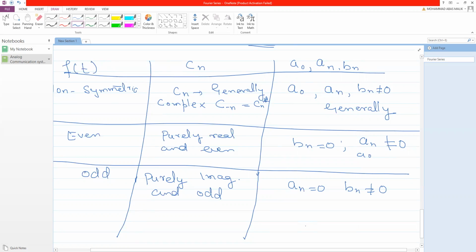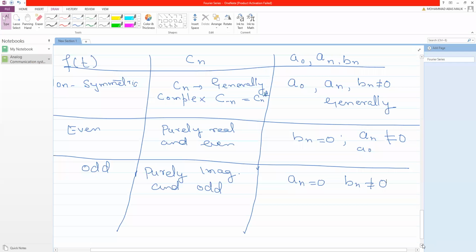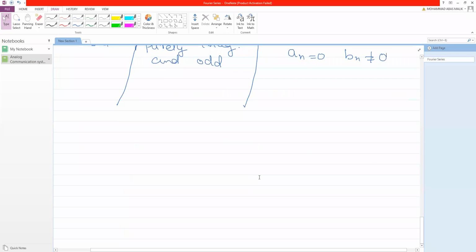Now we will start with the Fourier transform. Fourier series basic questions are done. Before going for the Fourier transform, I will tell you a few important points that you have to remember.